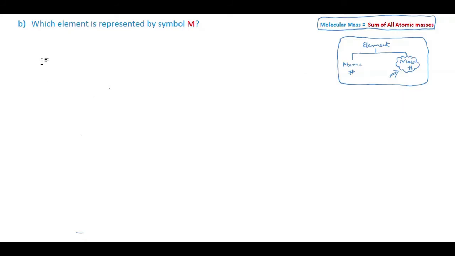Alright, what I'm going to do here is determine the molecular mass of the MF2 from the formula, that is moles are equal to mass divided by molar mass or the molecular mass.